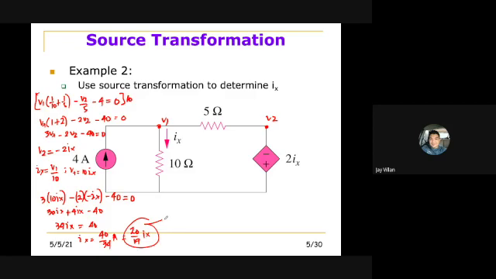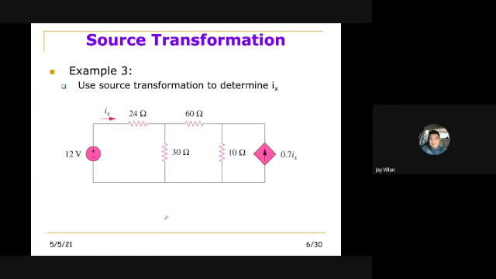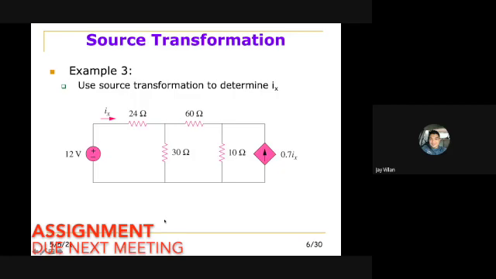You can solve for the parameters in question by using source transformation, voltage division, or current division. So it is easier in that case. Do you have any questions about source transformation to determine Ix? It's up to you now. Okay?